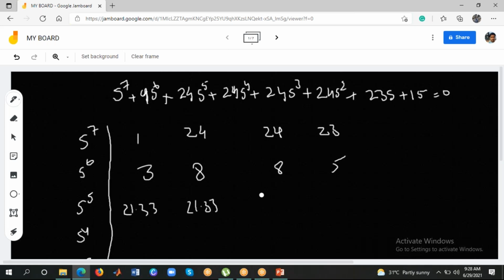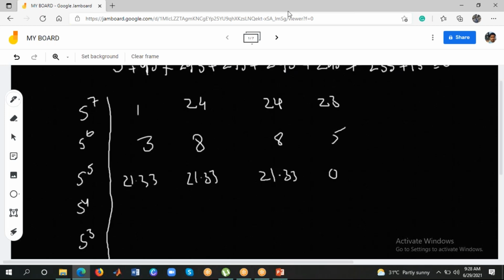So same you will get 21.33. Next your last value is 0. Next to find the S power 4 terms.